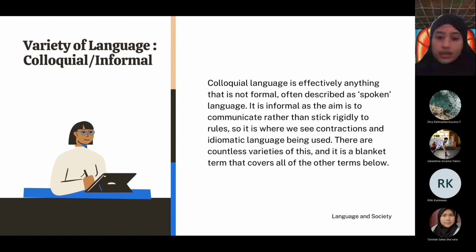So it is where we see contractions and idiomatic language being used. There are countless varieties of this, and it is a blanket term that covers all of the other terms below.